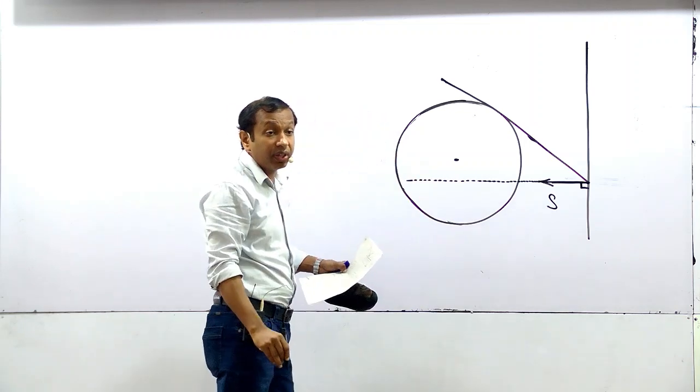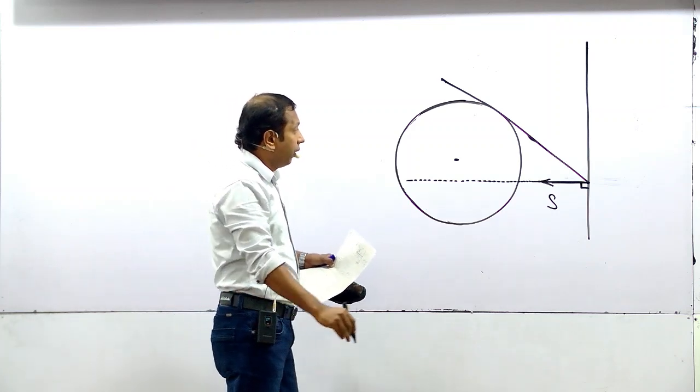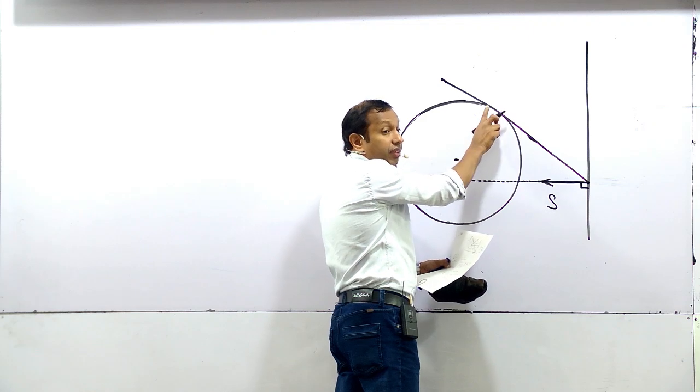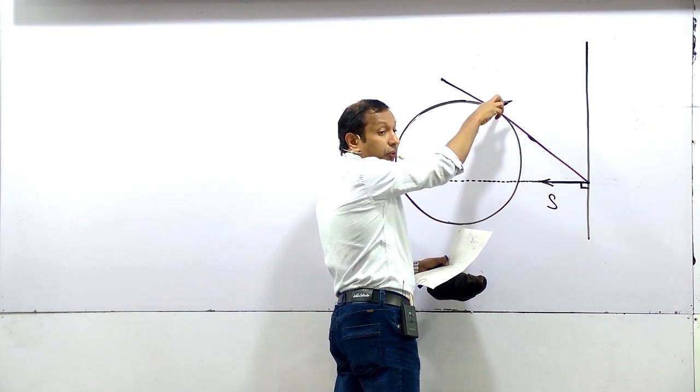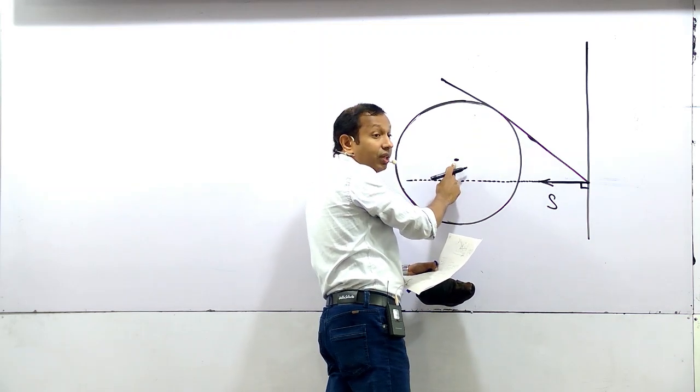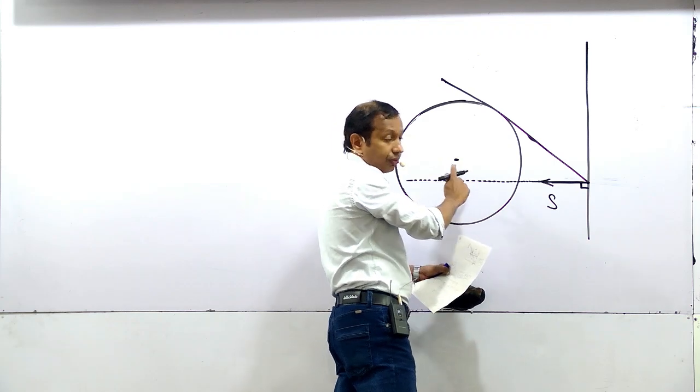Right. Now others stop talking. Now the normal reaction comes into this rod by the cylinder. It is at the point of contact, perpendicular to the rod. Therefore, that normal reaction should pass through the center of the cylinder. We know that also, right? Like this.